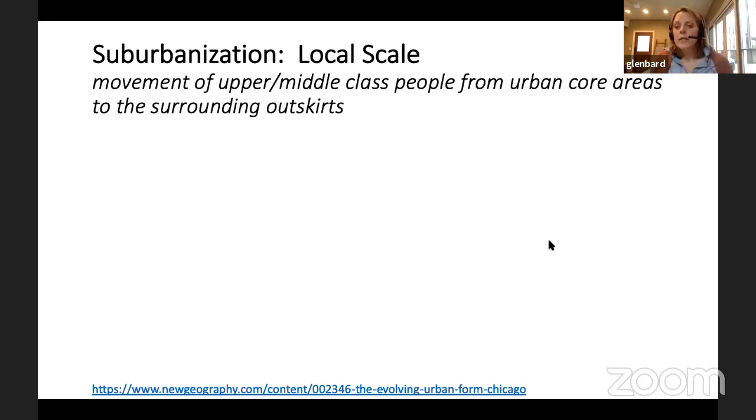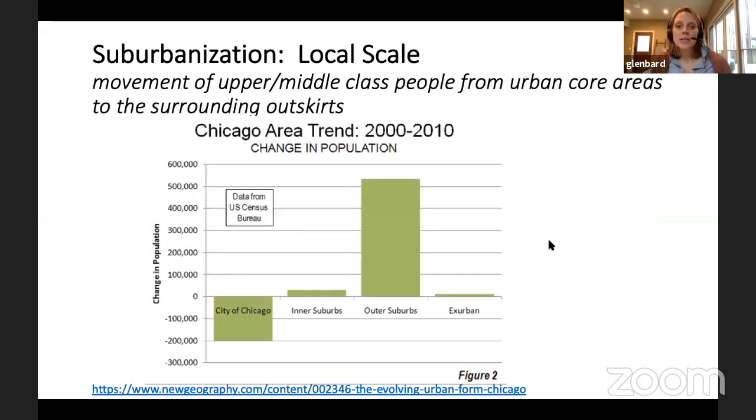Today, you'll see some trends here. This was actually some Chicago trend analysis, that we tend to see a decrease in people leaving the city of Chicago, but an increase into the inner suburbs, so different rings, and then the outer suburbs, and we'll talk about the exurbs in just a little bit.